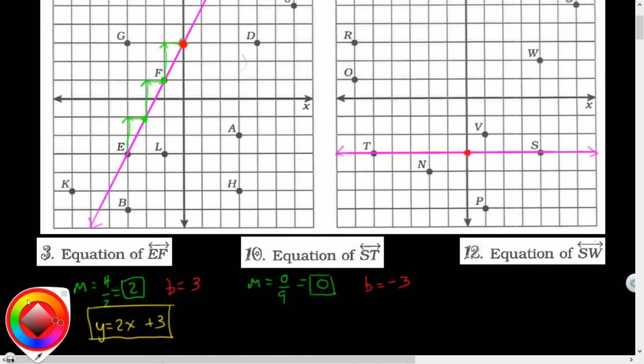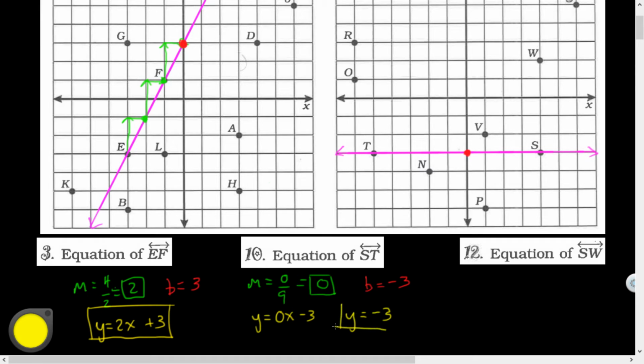So the equation of my line in slope-intercept form, I might have tried writing it as y equals 0x minus 3. But even simpler is if I write y equals -3. The equation of a horizontal line is just y equals a number, and the slope is 0. You could write it as just y equals whatever the y-intercept is.